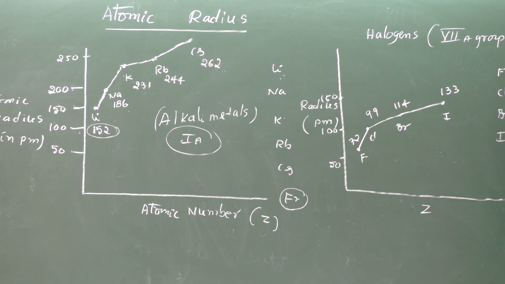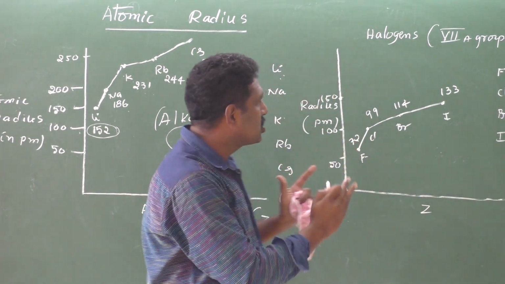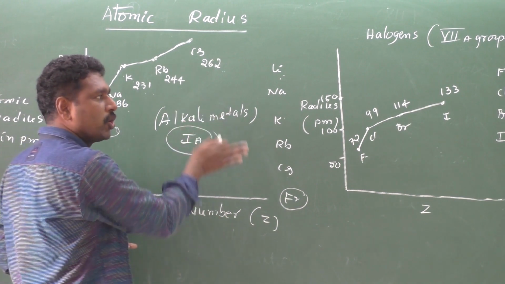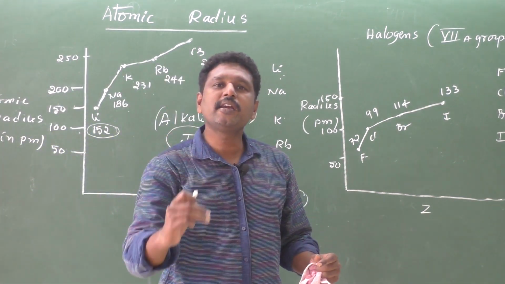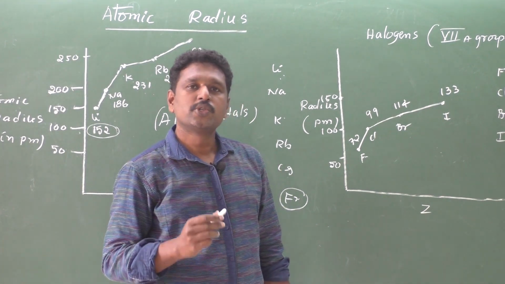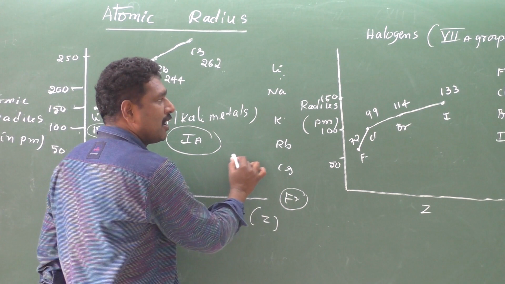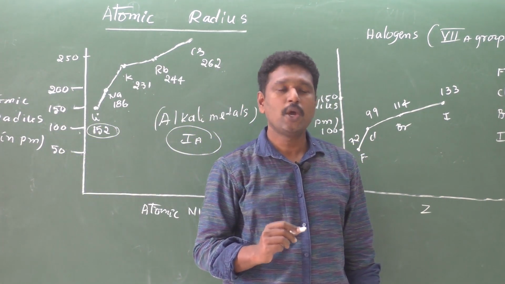So atomic radius gradually increases. By these two graphs, we are confirmed that in a group, atomic radius gradually increases, as indicated in the alkali metals and also in the seventh group elements.